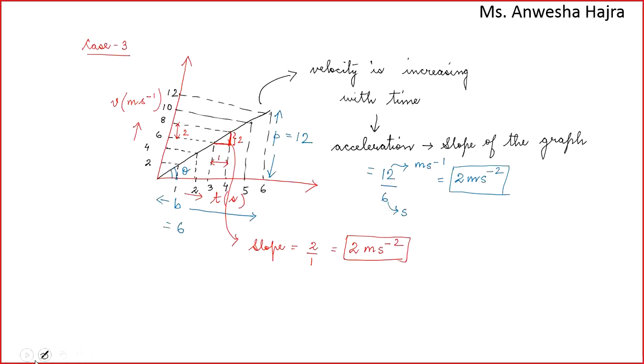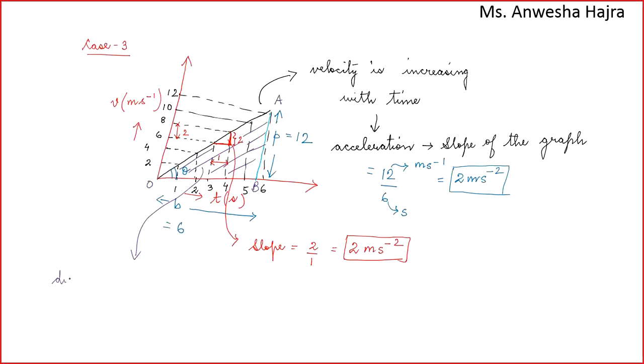Now, if someone asks you what is the distance or the displacement covered over here, the area under the graph, this area, gives the distance or displacement. So it is the area of the triangle, say OAB. Area under the graph is the area of the triangle OAB.